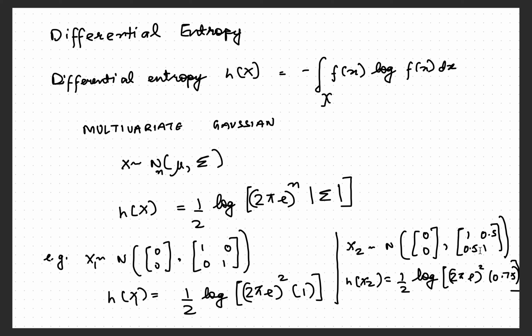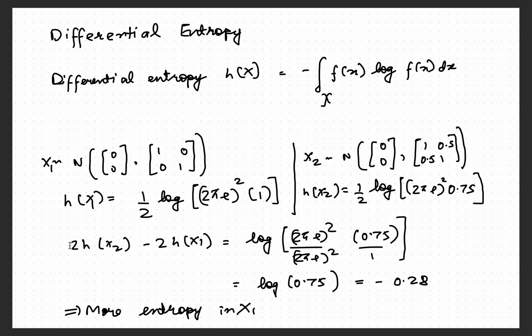We can also mathematically prove the same. We can calculate the difference between, so we've written h of x1 and h of x2, which is half log of something and half log of something. If we do 2h of x2 minus 2h of x1, that is logarithmic of (2 pi e) to the power 2 times 0.75 minus logarithmic of (2 pi e) to the power 2 times 1.